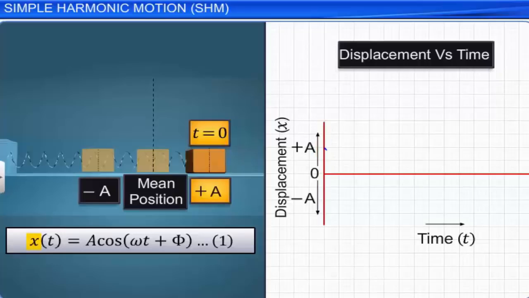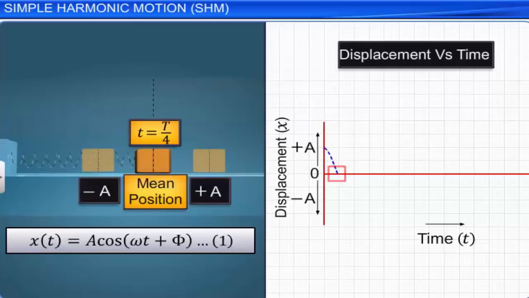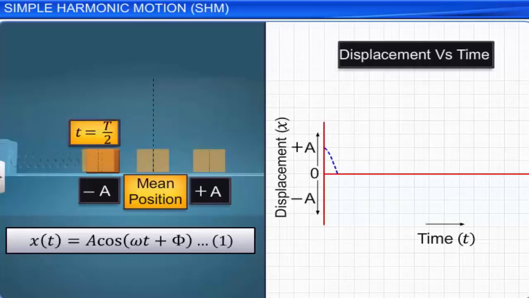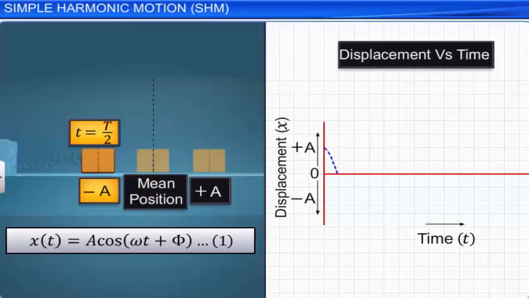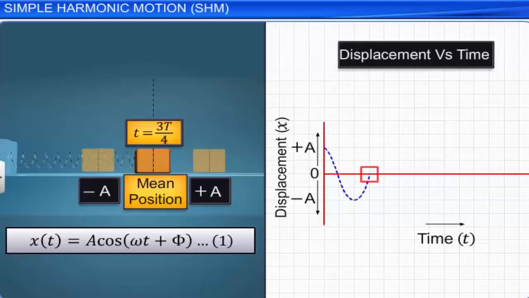When time t is equal to T by 4, the particle will be at the mean position. For the oscillating particle, when t is equal to T by 2, it is at the left extreme, and when t is equal to 3T by 4, it is again at the mean position. When t is equal to T, it returns to the right extreme position +A.